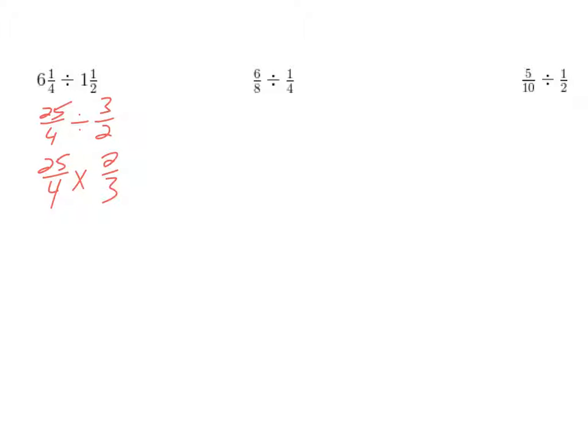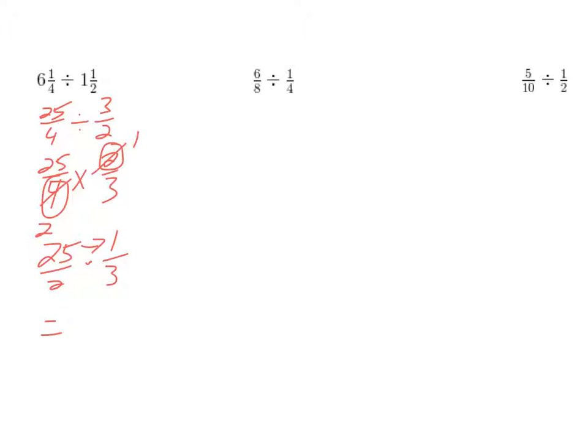And I'm going to look for anything that simplifies down. One thing is 2 and 4. I can take a 2 out of both of those. And 25, the only thing I can take out of 25 is a 5, and I don't see any of those. So I'm going to multiply 25/2 and 1/3.